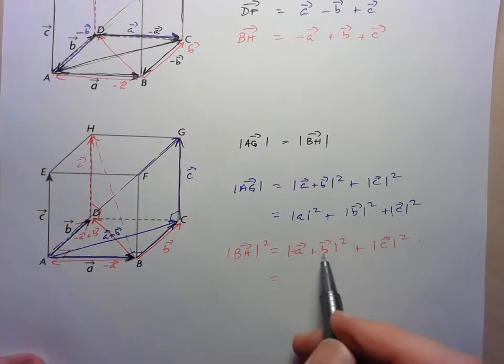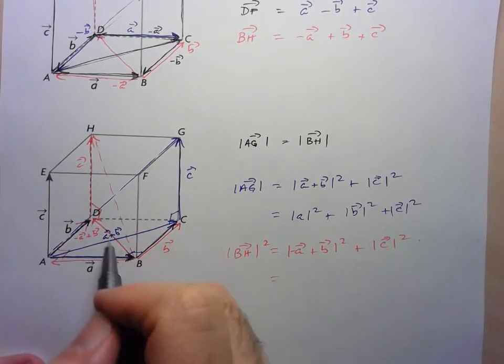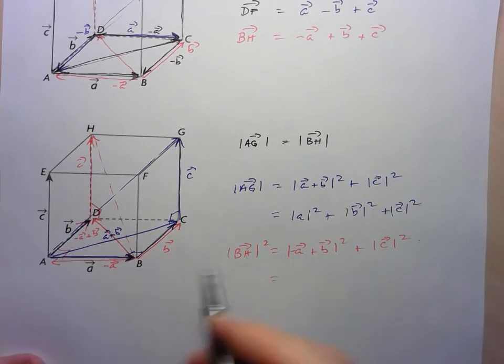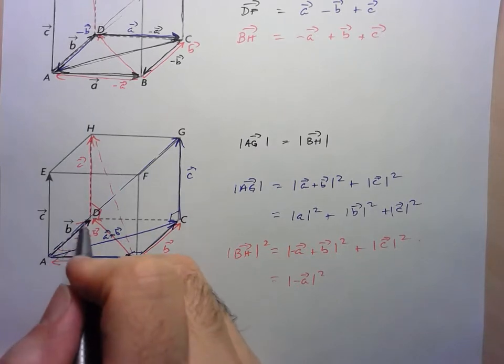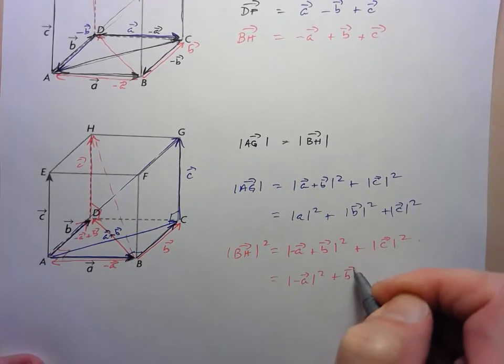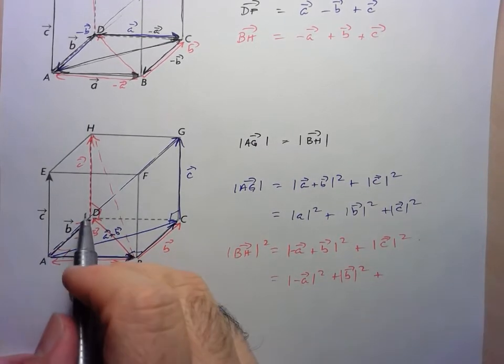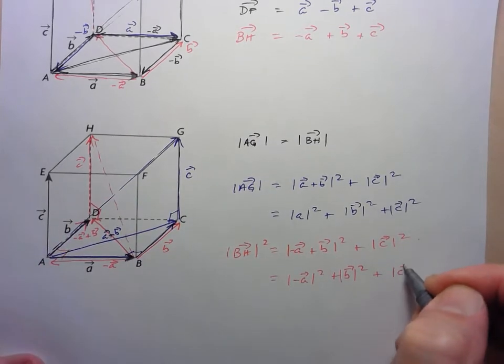So the length of this hypotenuse is the magnitude of this vector squared, plus the magnitude of that vector squared, plus, of course, the one we had from earlier on, the magnitude of C squared.